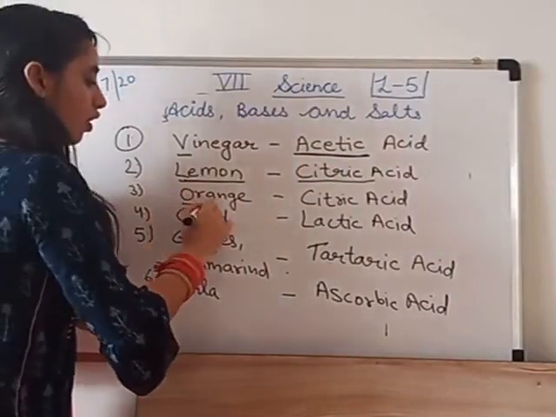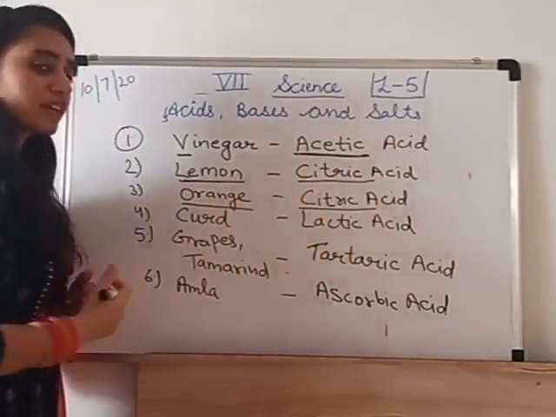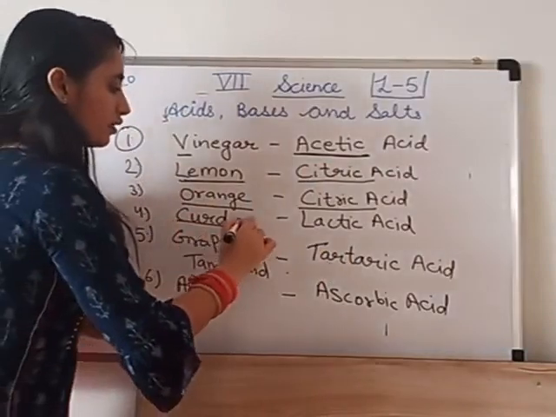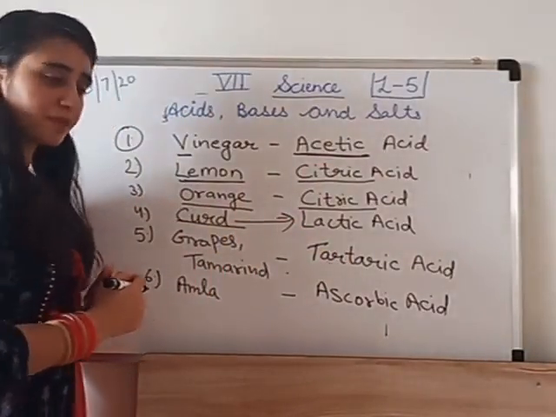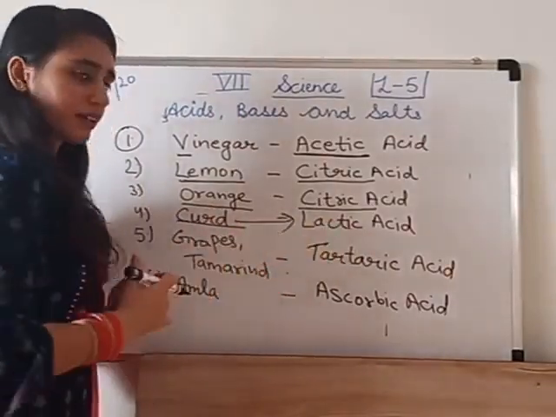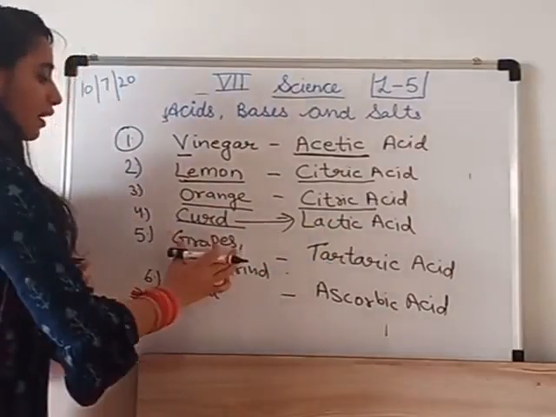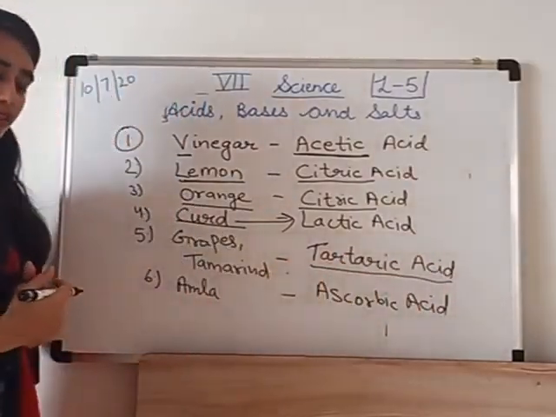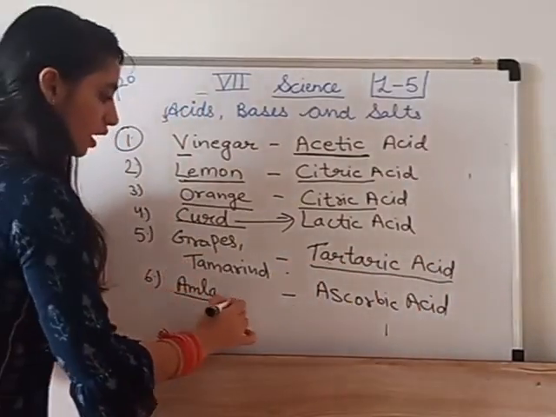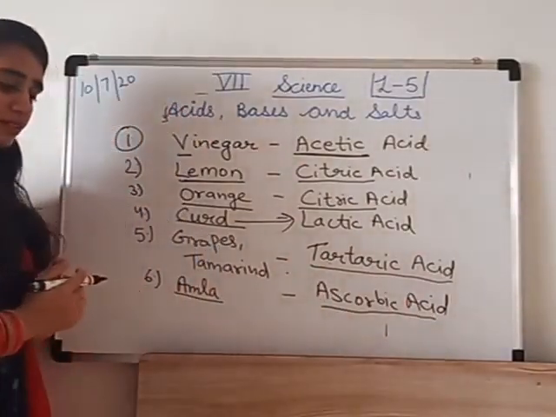Okay, in orange also citric acid. In curd, lactic acid. Understood? In grapes and tamarind, there is tartaric acid. Okay. In amla, ascorbic acid.